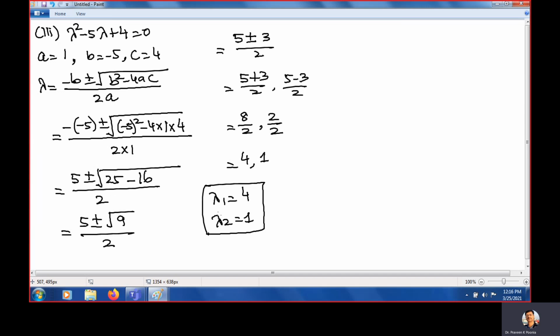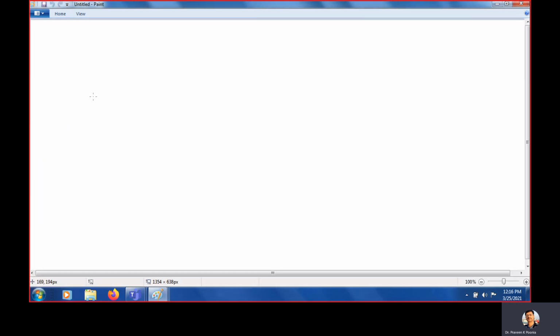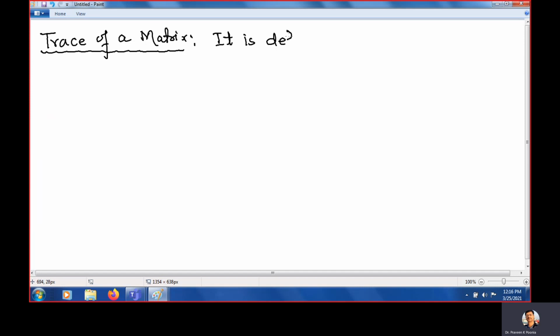Now, dear friends, there are two things I am going to explain to you. The first thing is the trace of a matrix. Because it is related to eigenvalues, that's why I am explaining it here.